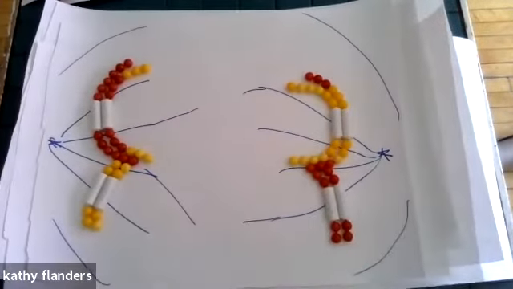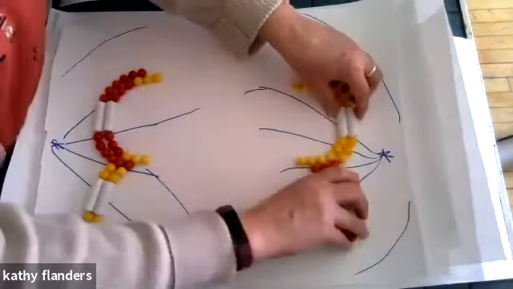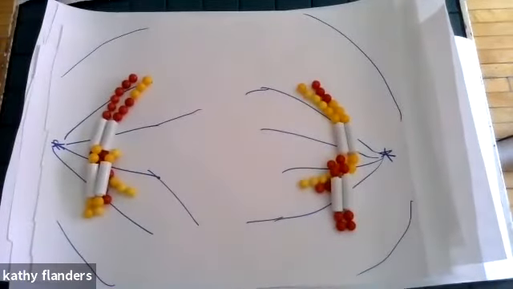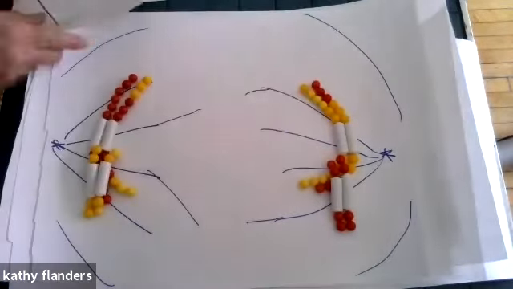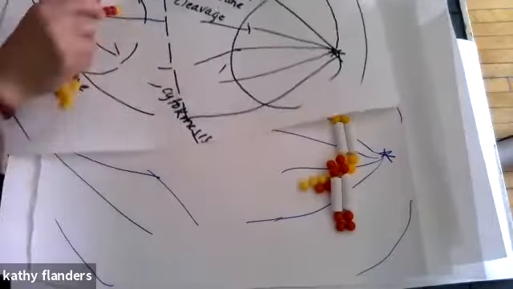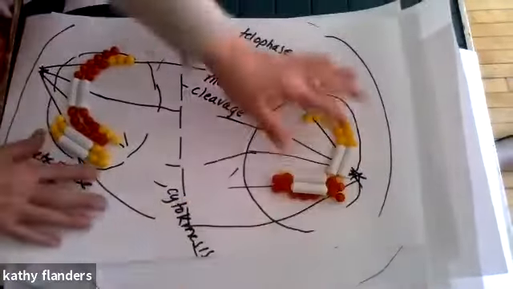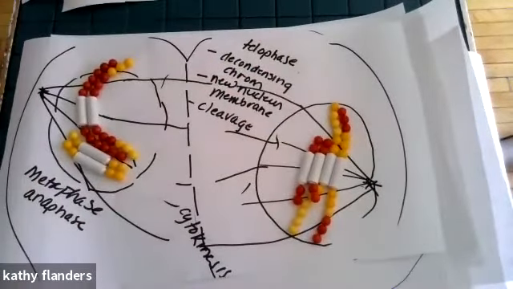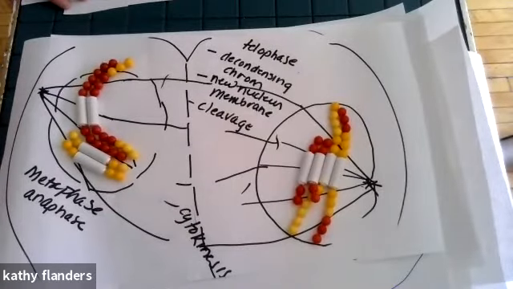And guess what's going to happen when they get up to the pole? You know this because we wrote it down. What's going to happen when they get up to the pole? You can cheat.